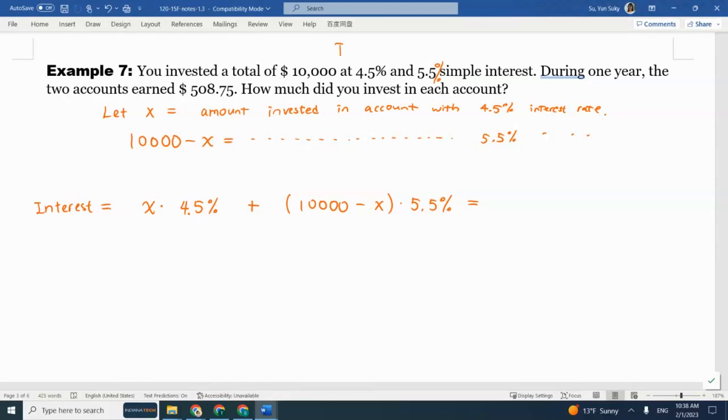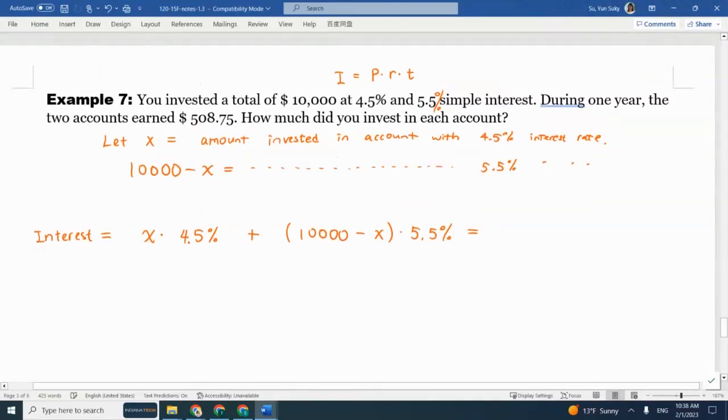Interest is principal times interest rate times time. Okay, so interest is principal times interest rate times time.